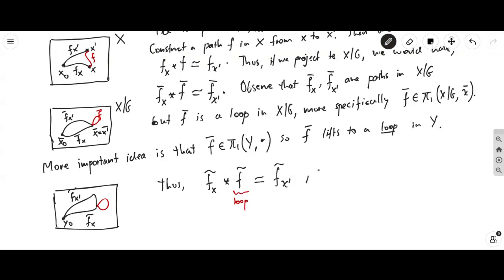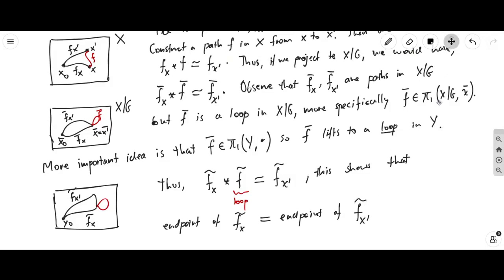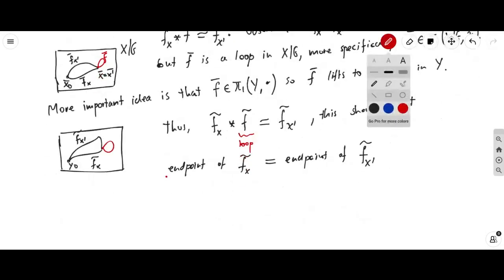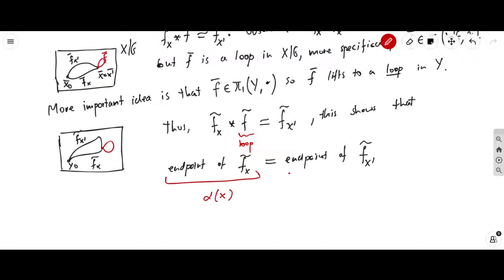So this shows that the endpoint of Fx tilde has to be equal to the endpoint of Fx prime tilde. But this is exactly what we call alpha of x, and this is exactly the way we define alpha of x prime.